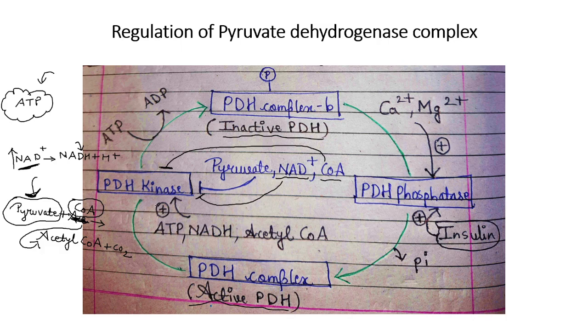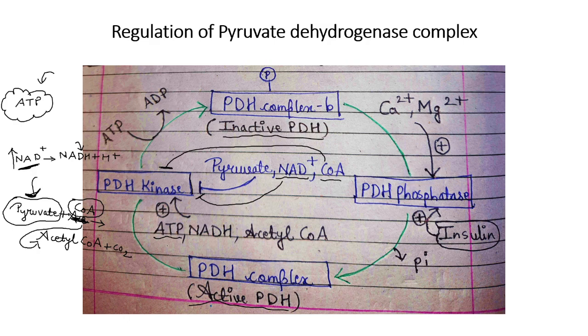Okay, now ATP, NADH and acetyl coenzyme A. If ATP is already present in high amount, then there is no need for excess ATP formation, because acetyl coenzyme A, which will be formed from pyruvate oxidation, will enter into the Krebs cycle, and then further ATPs will be formed.